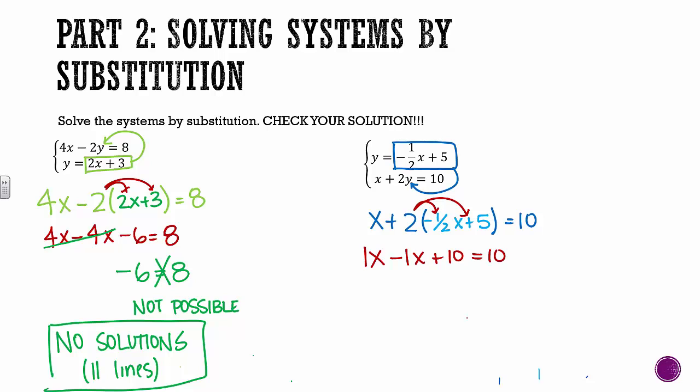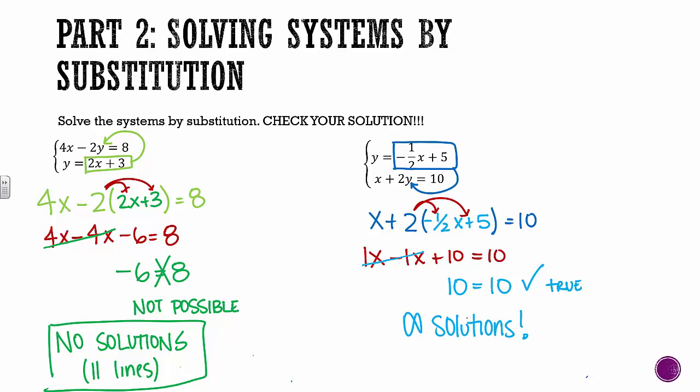Now again, something special happens here. I have 1x minus 1x. So again, those cross off. They go away. But this time, I get a statement that's true. 10 always equals 10. And because you get a true statement, this means that there are infinite solutions out there.